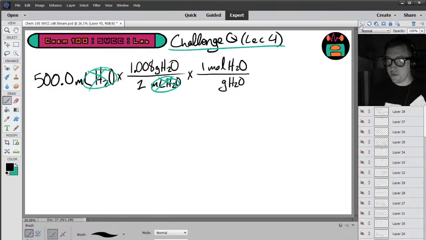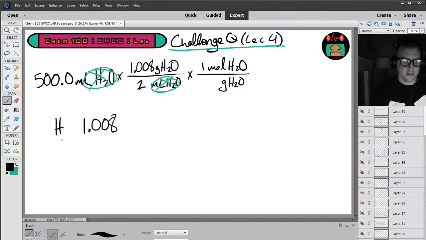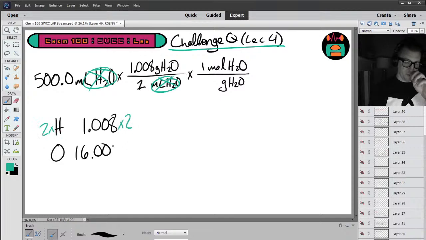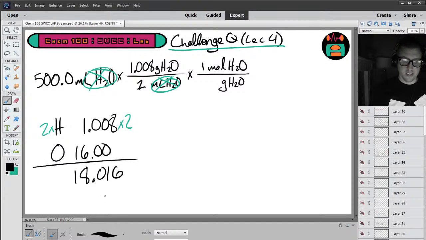And we actually need to calculate the molecular weight of water. So hydrogen has an atomic mass of 1.008. Oxygen has an atomic mass of 16.00. But there are 2 hydrogens in water, so we got to multiply 1.008 by 2. And when we do, we get 18.016.